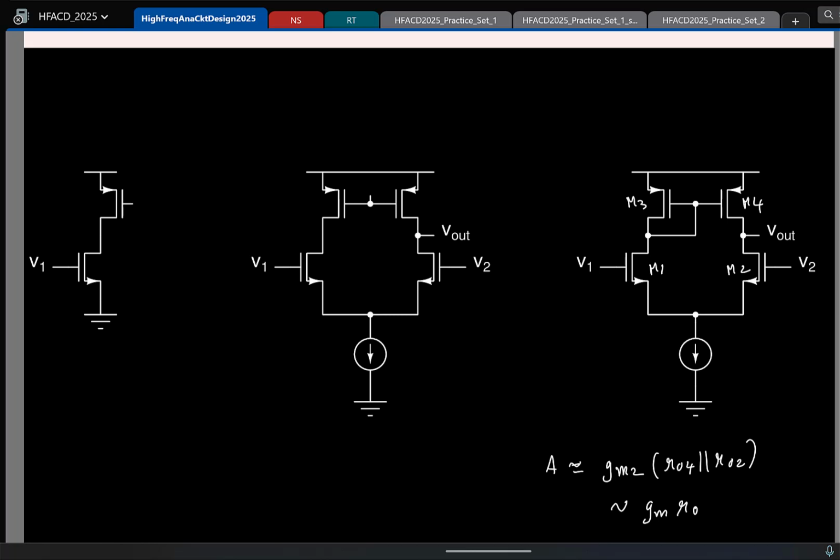So again, we'll start from this structure. We'll try to increase the DC gain of this single-ended structure, because once we know how to do that, it's a piece of cake for us to go from one to the next. The motivation for having a PMOS transistor here was to realize a current source, correct?